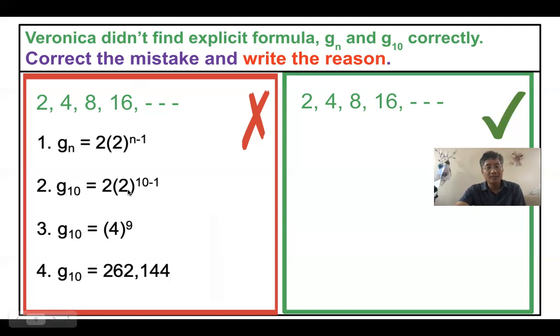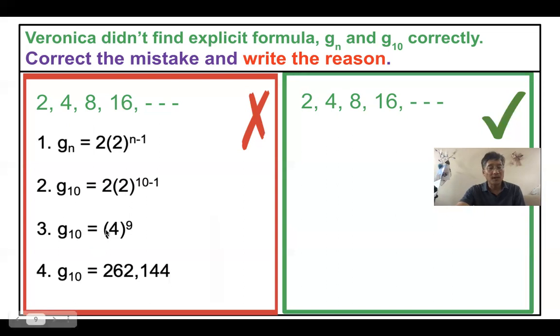You cannot multiply the first term with the common ratio yet. When you have an exponent, exponent first and then multiply. If you multiply first, it's completely wrong, right? It's like the common ratio is 4, and you keep multiplying by 4 in this case, but it's not. So that was an error.